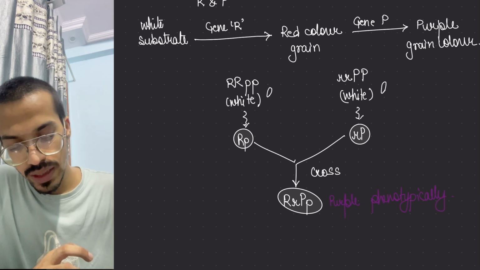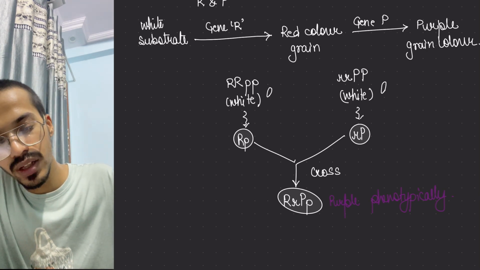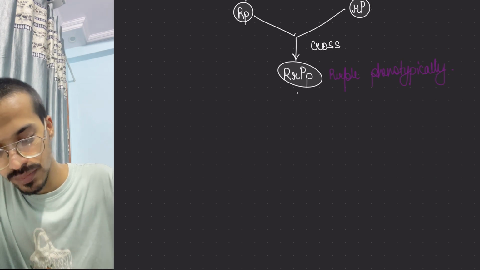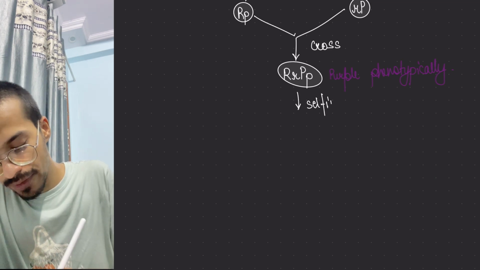Okay, so now let's see what is happening when it crosses. Selfing will occur. So selfing would be the F2 generation.